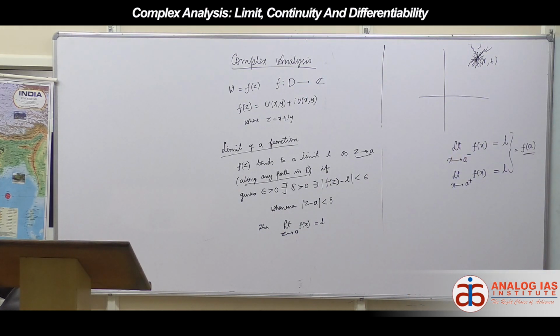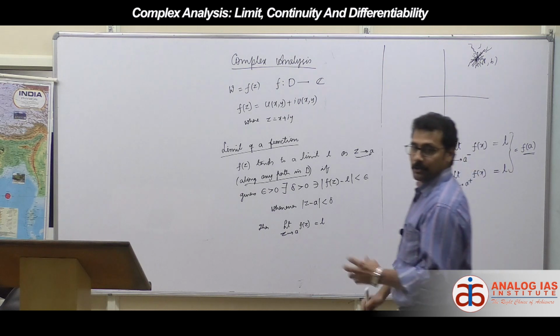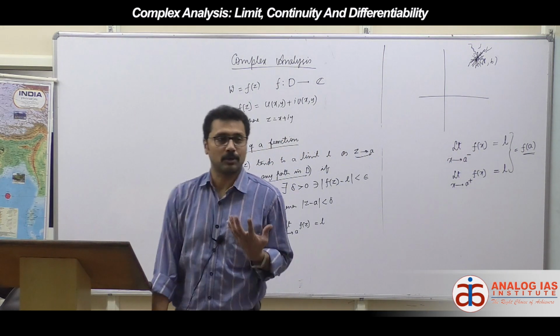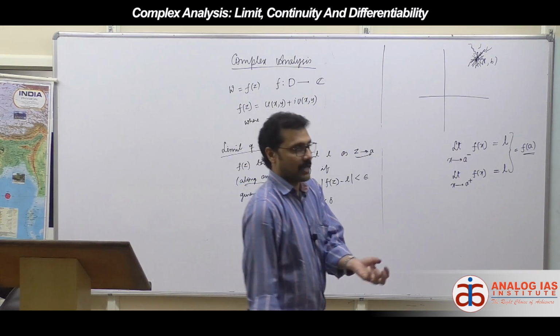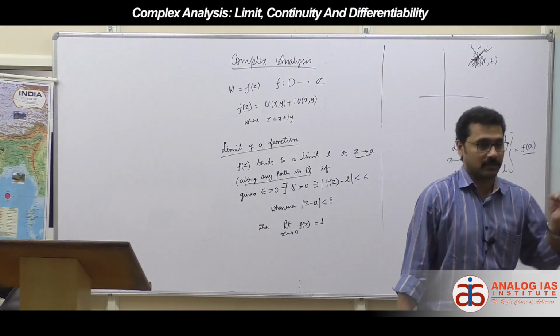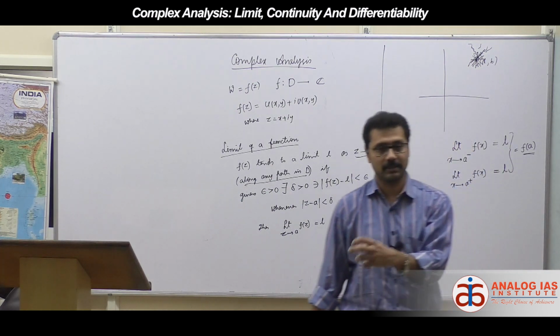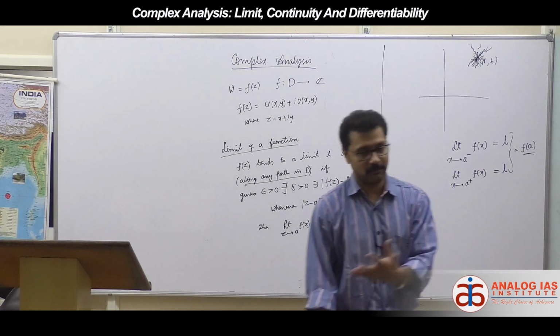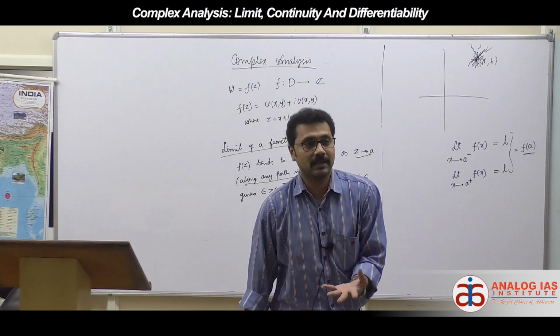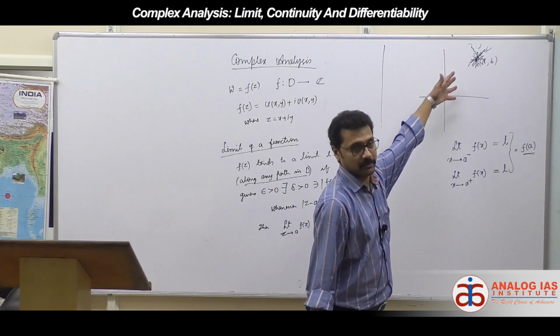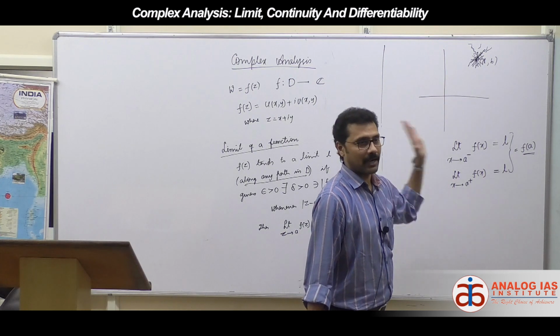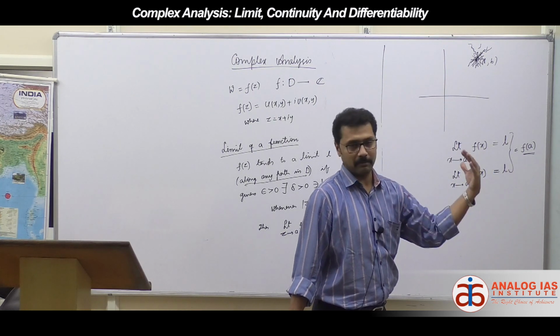Are you getting? So in complex analysis, your function not only depends on x, it also depends on y. When x is changing, your function is changing. When y is changing, your function is changing. If both of them are changing, again your function is changing. How many ways can it change? Infinite number of ways. So it's not about the left hand limit or the right hand limit being equal.